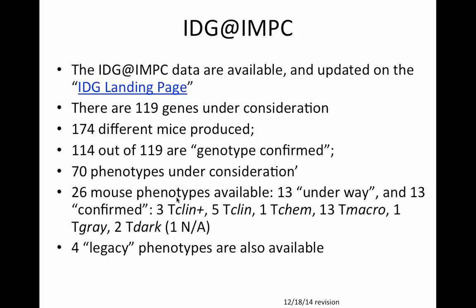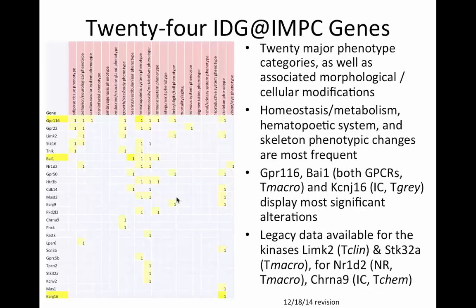And 13 of those have been confirmed with regularly expressed phenotypes. And then we also have about 4 different phenotypes that have legacy. So these are well annotated. They actually have 20 major phenotype categories, and it's really an intriguing project because in each of these you can drill down and look at the associations both at the morphological cellular level.